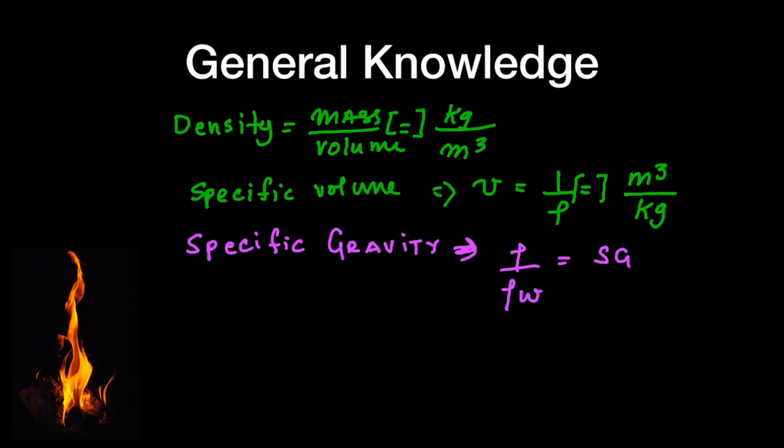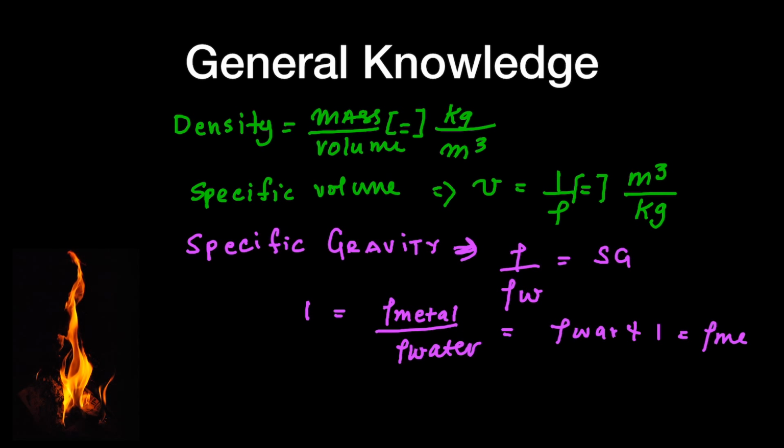So if I give you a specific gravity of 1 for some metal, the density of the metal is the density of water times 1, so 1000 kilograms per meter cubed times 1 equals the density of the metal. So this is one way specific gravity is very helpful.